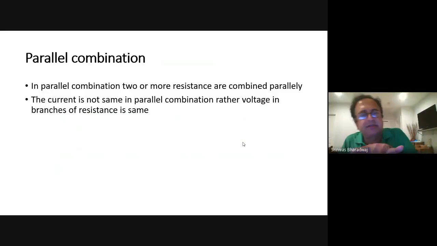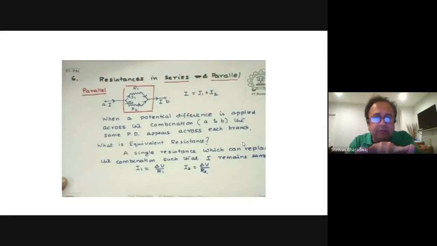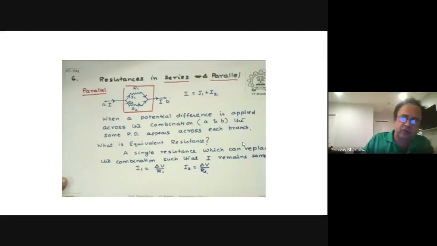Parallel resistances are two resistances which are tied, which have the same endpoints. Okay, so they are connected parallelly, right? The currents through the two resistances are not the same, right? But the voltage between the two endpoints is the same. So V is the same between these 2 points.